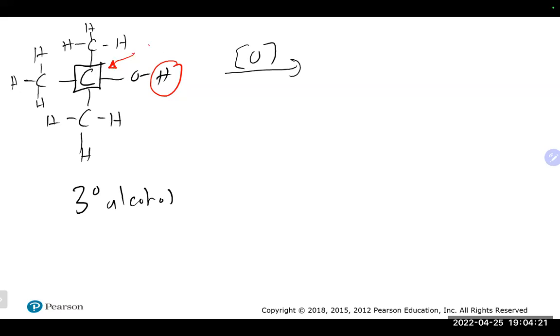There is not. There is no hydrogen, which means no reaction, because it is missing the second hydrogen that is necessary. So a tertiary alcohol will not go through an oxidation reaction because it does not have a second hydrogen needed on this carbon, not the other carbons, but that carbon right there. Because it's missing the hydrogen, it will not go through oxidation. So those are the 3 oxidation reactions that alcohols undergo.